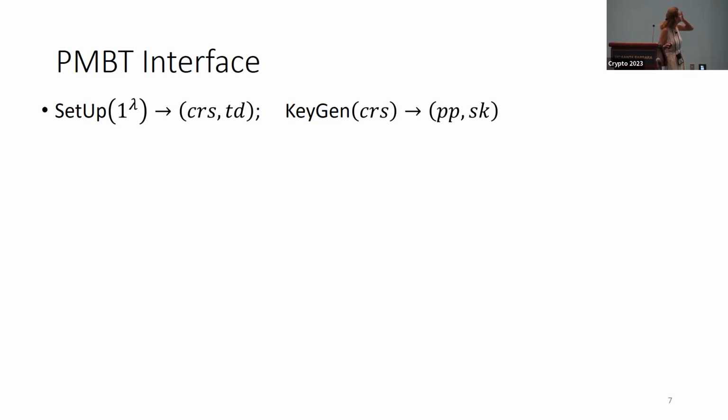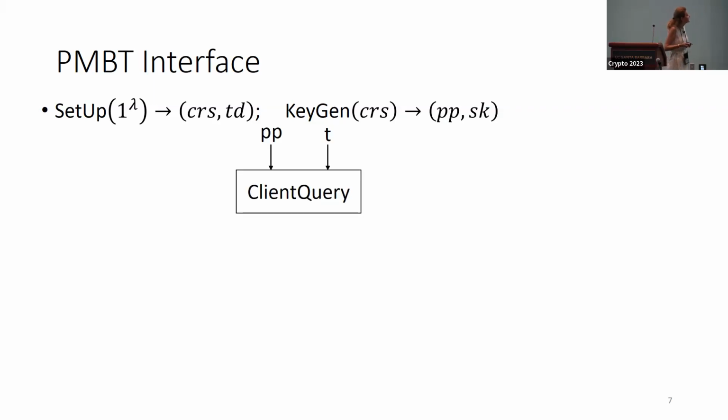So the interface is there's a setup and key gen. It's a CRS model. The key generation outputs some public parameters and the key for the server. The protocol between the client and server starts with the client query, which takes a tag T and the public parameters, and then outputs a state for itself and the query which will go to the server.